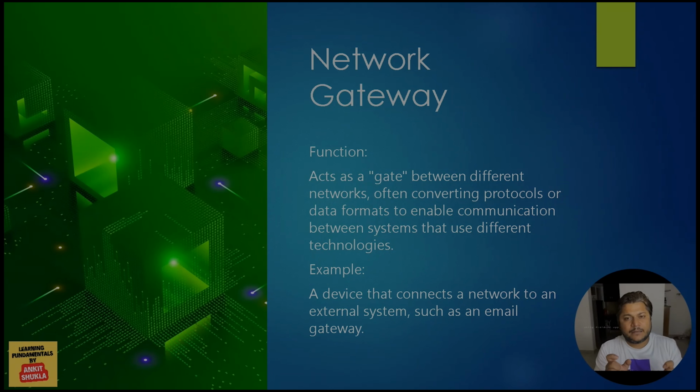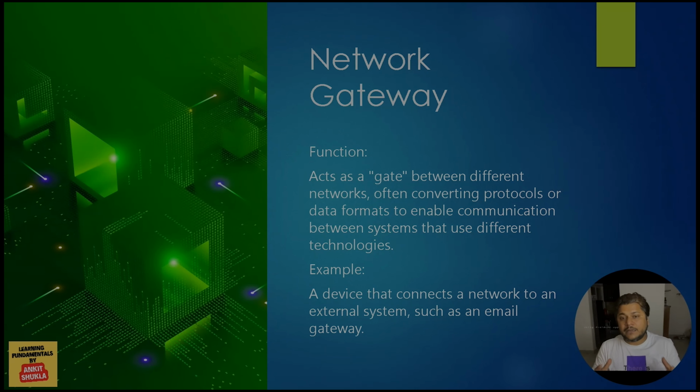At this place, the customs checkpoint works like a gateway. It acts as an entry point and an exit point between different networks, converting the data formats or protocol, to ensure smooth communication between systems that use different sets of technologies.